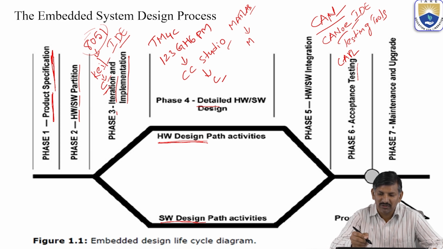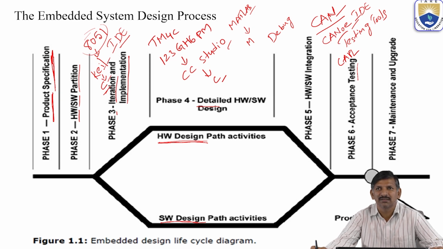In between here also we are using different debugging tools. Even if we are not getting any syntax errors, the response may not be in the desired manner. At that time, we can use different debugging tools: on-chip debugging, background debugging mode, Nexus, like that.